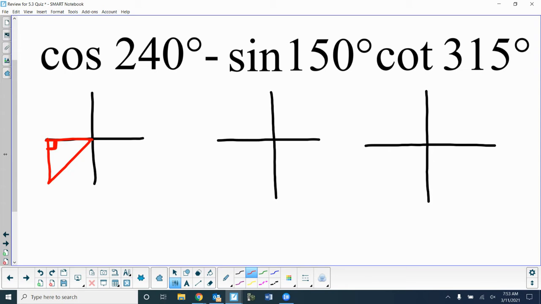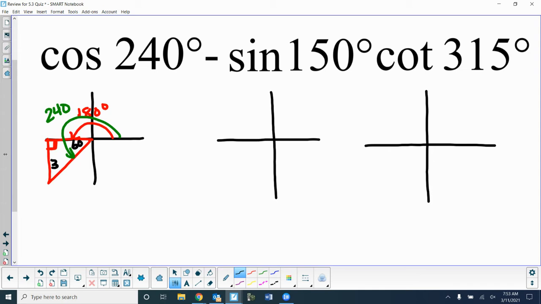Remember, from here to here is 180, and then from here to here is 240. So my angle there is a 60-degree angle, because 240 minus 180 is 60.